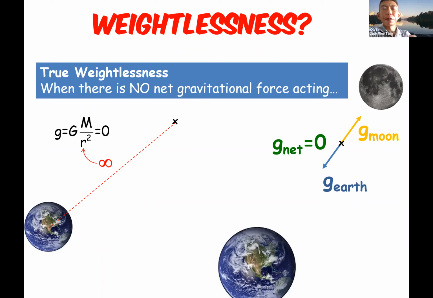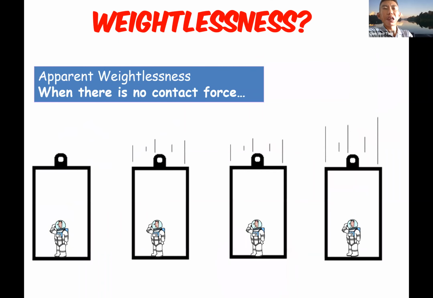On the other hand, what is apparent weightlessness? It is simply no contact force. I've explained this before in past lessons. We feel our weight not by the real effect of weight, but due to the interaction we have established between us and our surroundings. For example, when I'm seated, the contact force at my butt makes me feel heavy, because I feel the pressure on the chair.